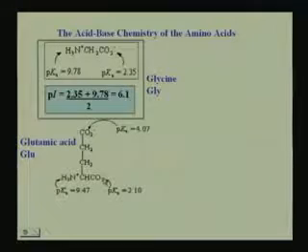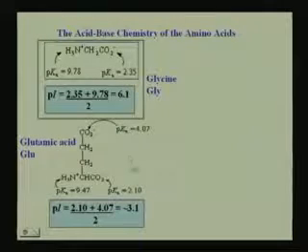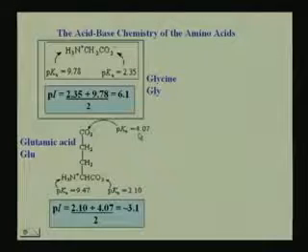When I lose this proton, what is the charge? It has a plus charge here and a minus charge here. This is still protonated. Okay? So now I am at the zwitterionic form. So how do I calculate my pI? It is going to be the sum of 2.1 and 4.07 divided by 2.